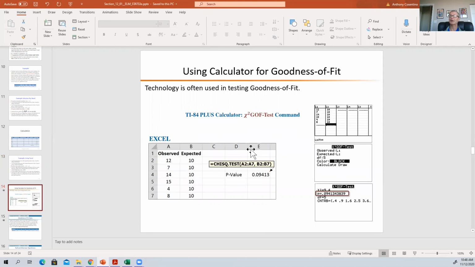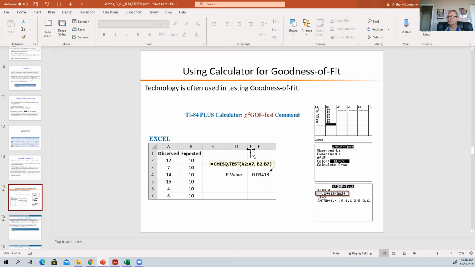Check out the book, they'll give you more details on how to get to that. The beauty of that is, again, you enter the data. L1 is the observed, and it looks like L2 would be the expected, and you have to plug in the degrees of freedom as well. When you do that calculation, out will come a p-value.